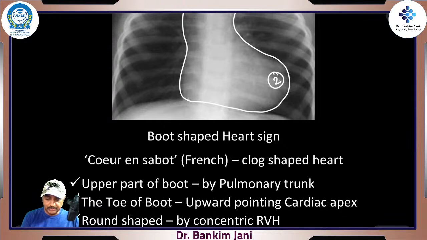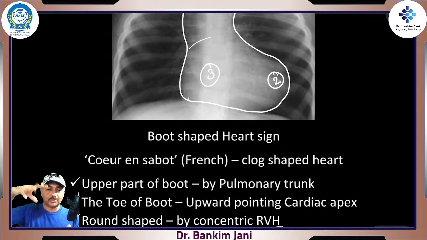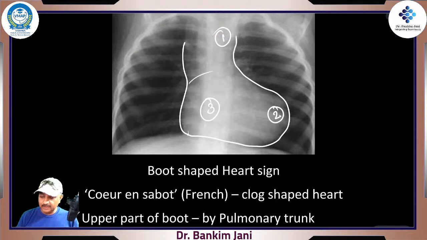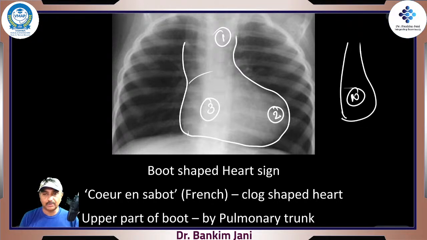And this whole round shape is due to the third point, right ventricular hypertrophy. Concentric means it grows from all the sides. Now when you watch the normal radiogram, a normal heart looks something like this. This is the normal heart. Normally it looks like this. So this is where the boot-shaped heart differs.